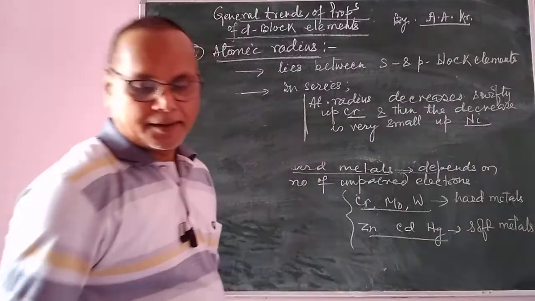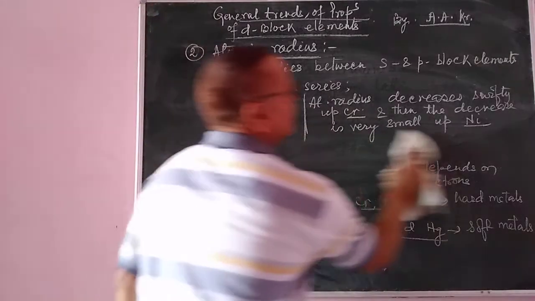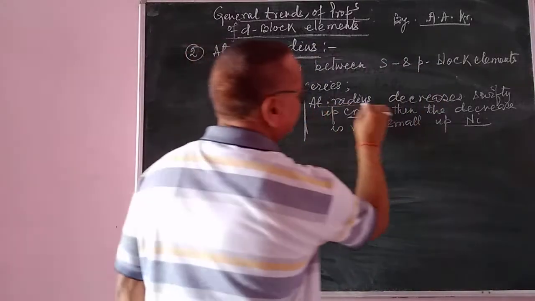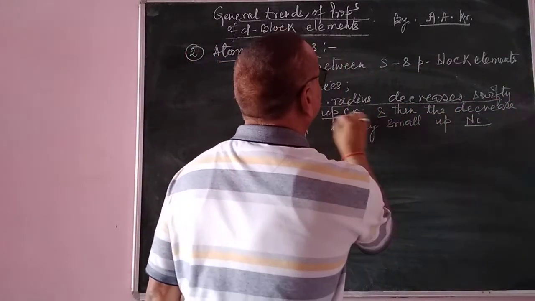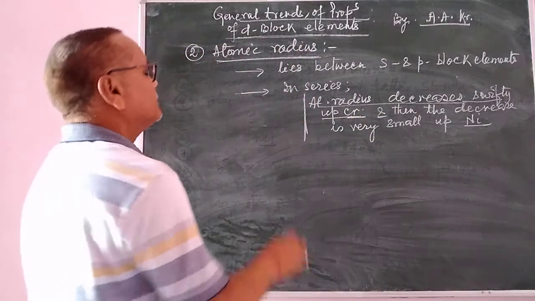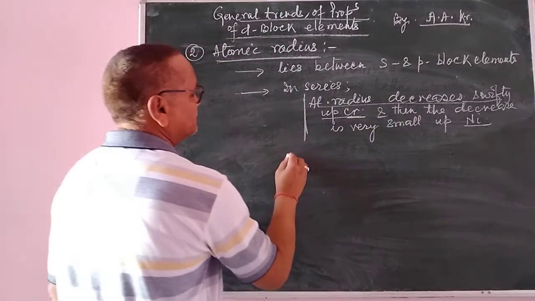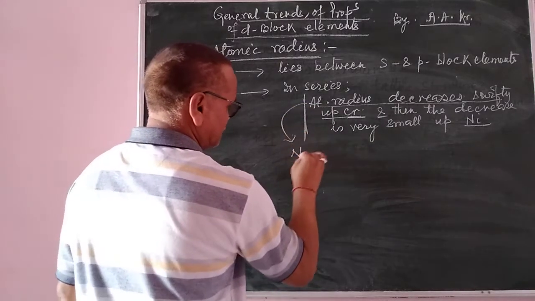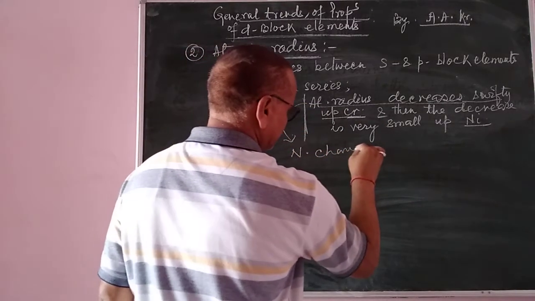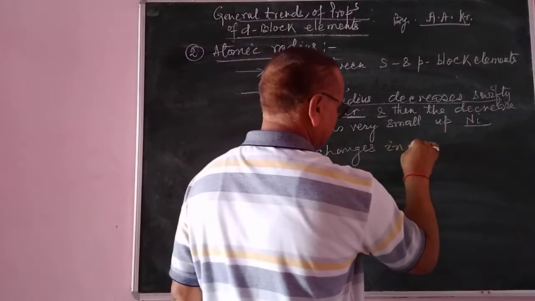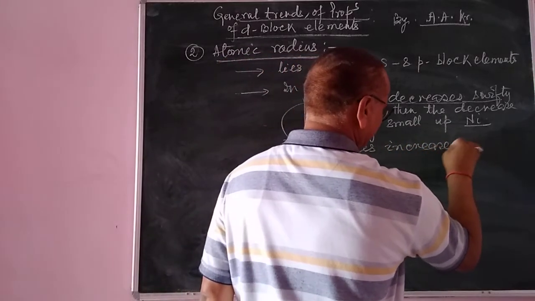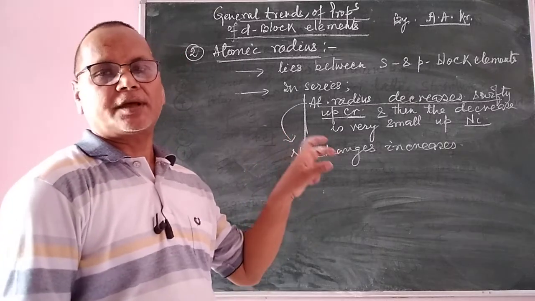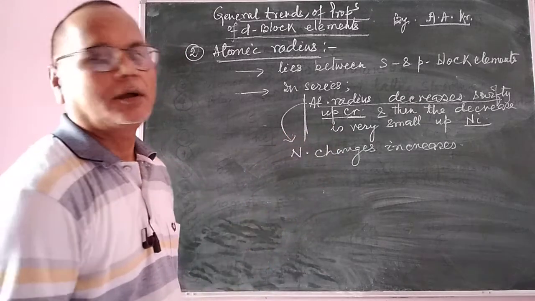What is the reason behind it? Why does the atomic radius decrease swiftly up to chromium? The nuclear charge increases, and nuclear charge is predominant. It has an effect on the outermost electrons.